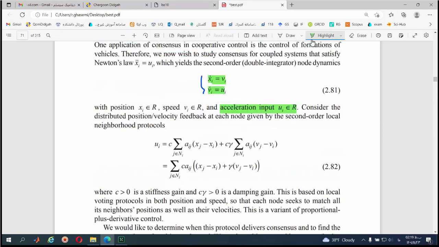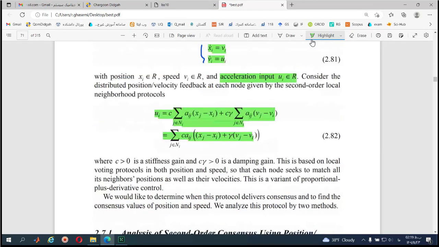The acceleration of the robot is the input of the system. You can define the input of the system like this: sum of xi minus xj over the neighbors of node i, plus sum of vj minus vi over the neighbors of node i.